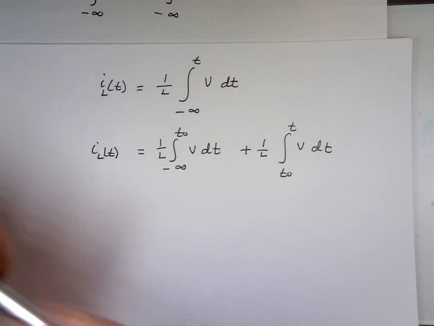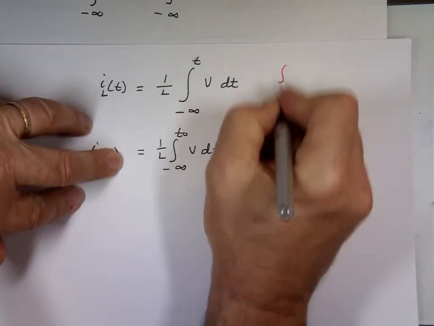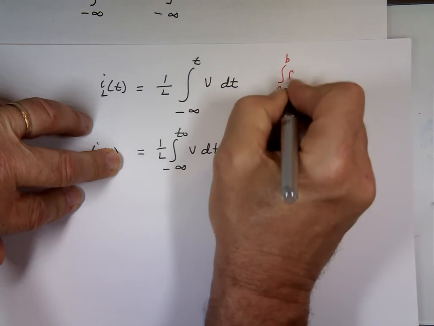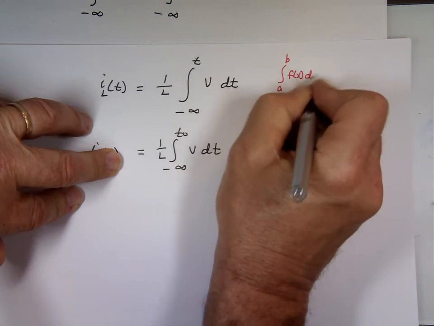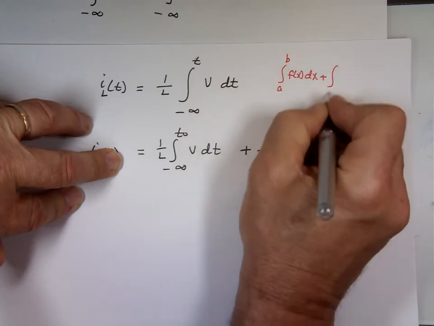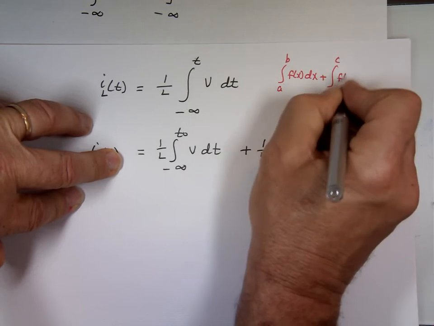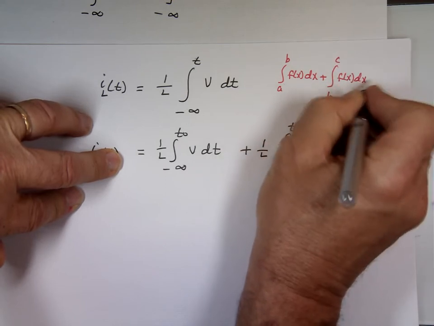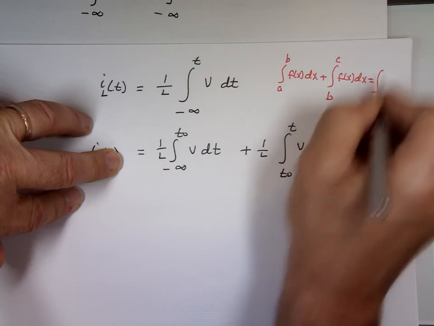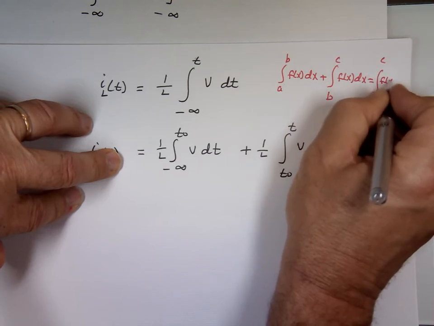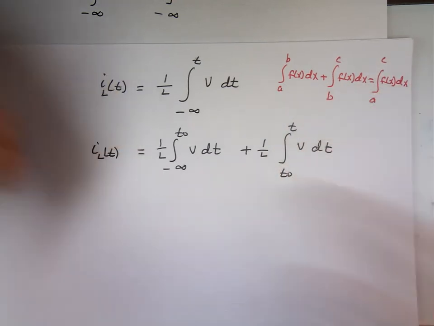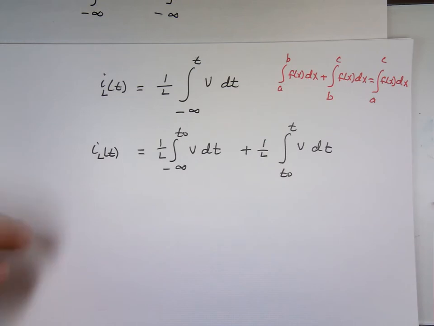For those people who forgot, there's a rule in calculus that says the integral from a to b plus from b to c is the same as the integral from a to c of f of x dx. So that's what I did here. I used that rule.